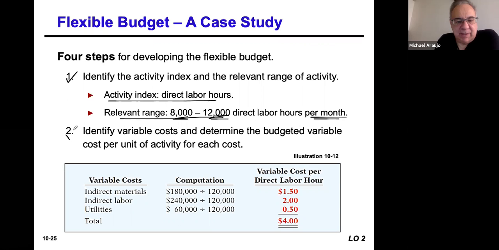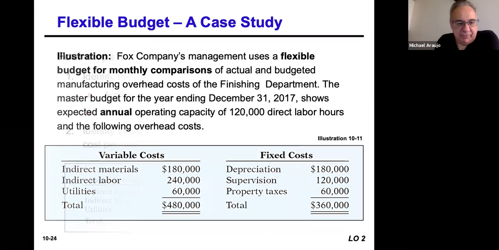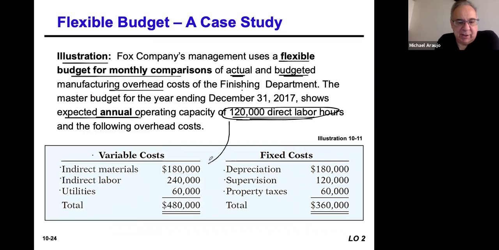The second step is now to do your variable costs per unit. So from the previous, you had 120,000 direct labor hours, and you're going to divide that into each of your variable costs.